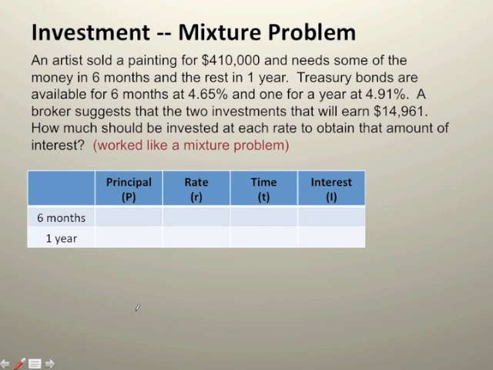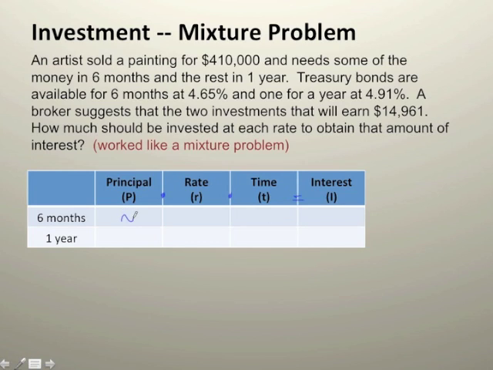I've set up a table for you, and we need to know that for finding interest, principal times rate times time equals the interest. So for how much is going to be invested for 6 months? We really don't know.